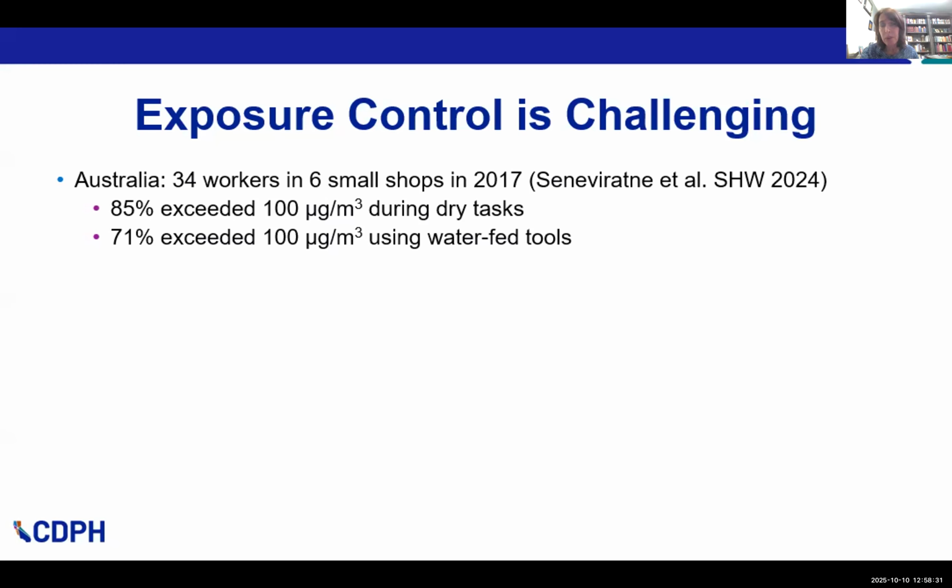At that time, their permissible exposure limit was 100 micrograms per cubic meter, and they found that 85% of the workers exceeded that limit when they were conducting dry tasks, but 71% exceeded it when they were using water-fed tools, which we talk about, doing wet processes as the way to lower exposures.